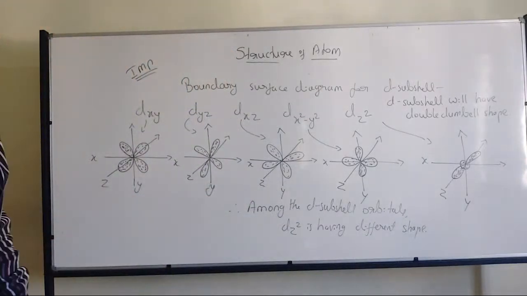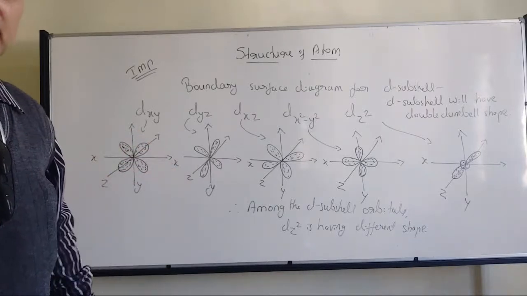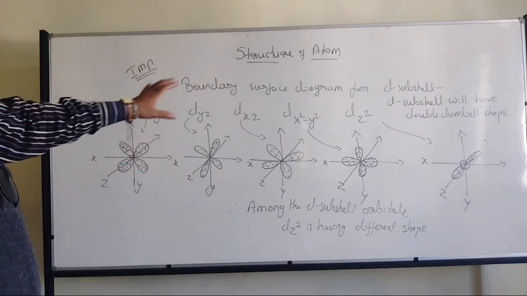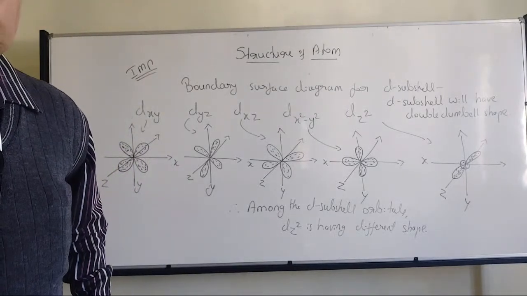So that's where, if they ask a 1 mark question, you should just mention dz square. That's all. Okay. So that's why we have the structure of the d subshell orbitals.